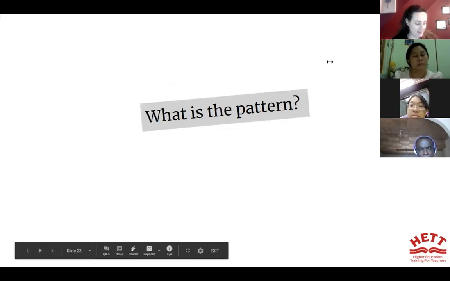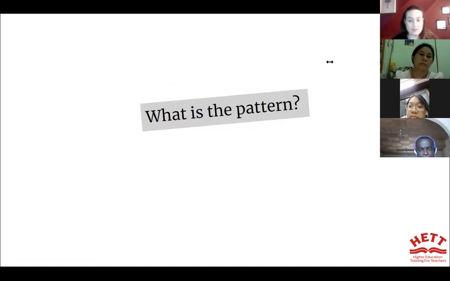What is the pattern? So looking at something, and what is the pattern in what you are seeing?